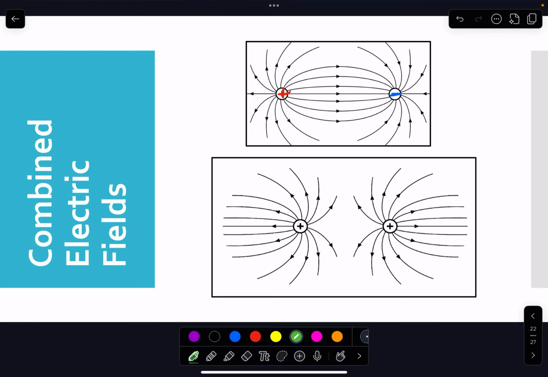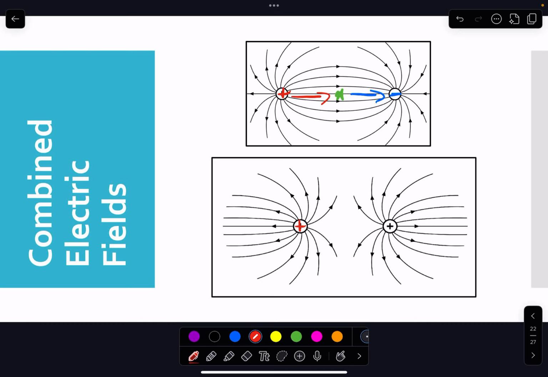So if I were to place a little sensor right here, in order to determine that field strength, I would have to take into consideration that this blue one field is going in that direction and this red one is going in this direction. All right, and so those two fields are actually working together, and if they're both the same charge, equal and opposite, you would have double the field strength right there as opposed to just having one charge on its own.